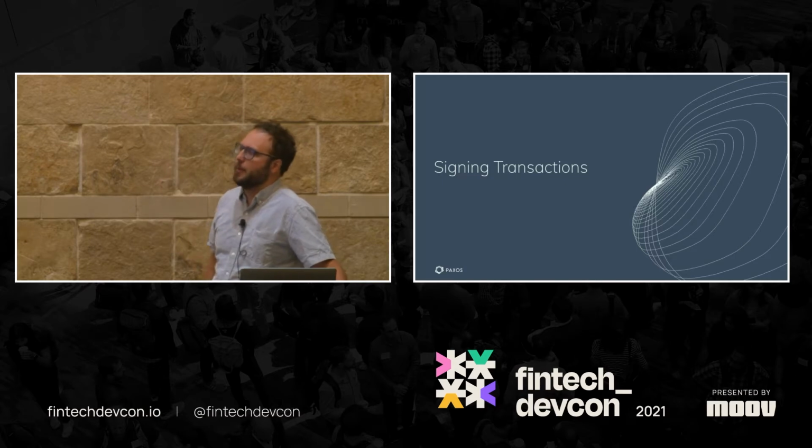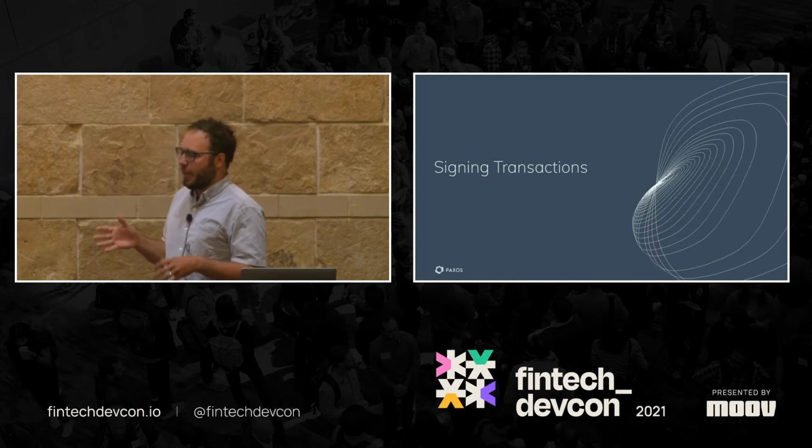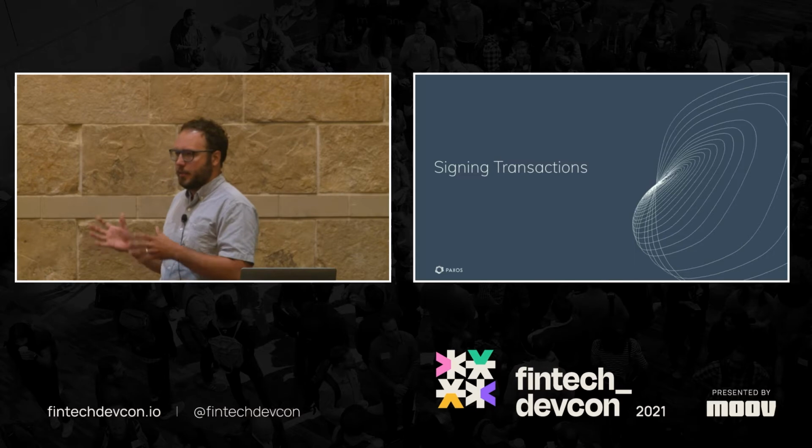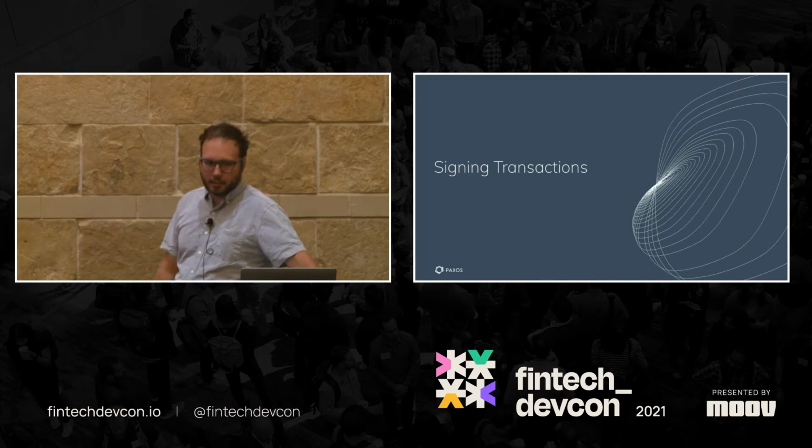So that's why we wanted to dig in here and talk about, okay, how do we actually create an unsigned transaction that can be moved around, and then what does it look like to sign that transaction? And then once we've signed it, come back and decide to broadcast it on the blockchain.